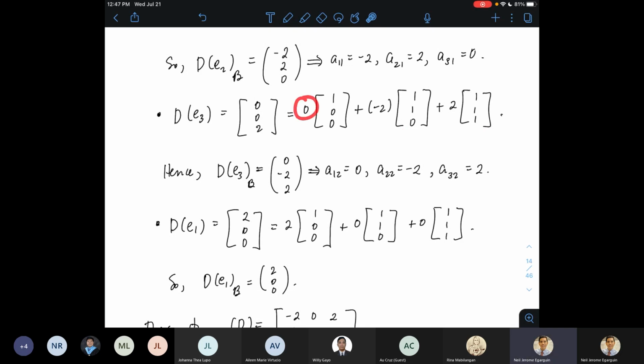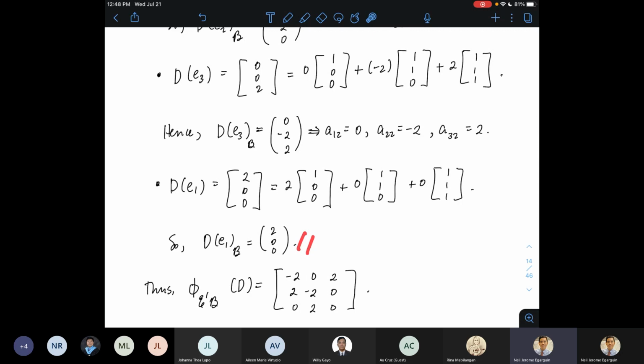And then whatever the first scalar is, that would be my first coordinate. Second scalar is the second coordinate. And third scalar is the third coordinate. And then this set of coordinates serve as the second column of the matrix representation. Kasi siya yung coordinates ng image ng second basis element with respect to the ordered basis B.